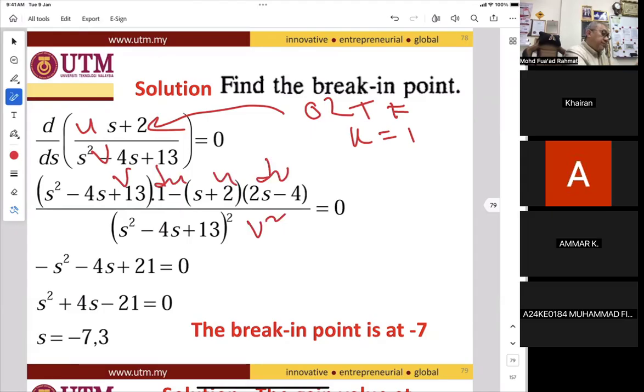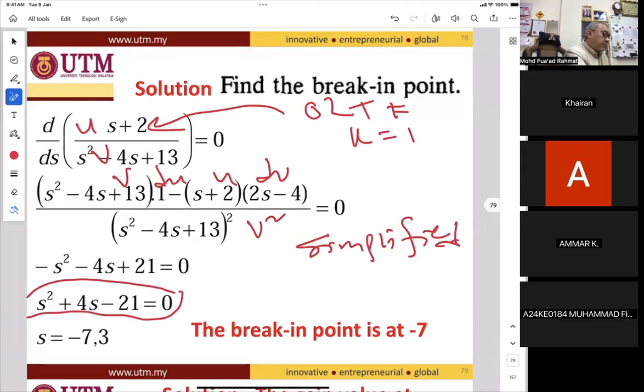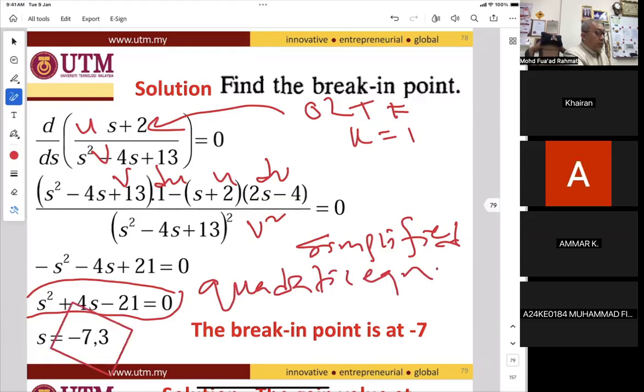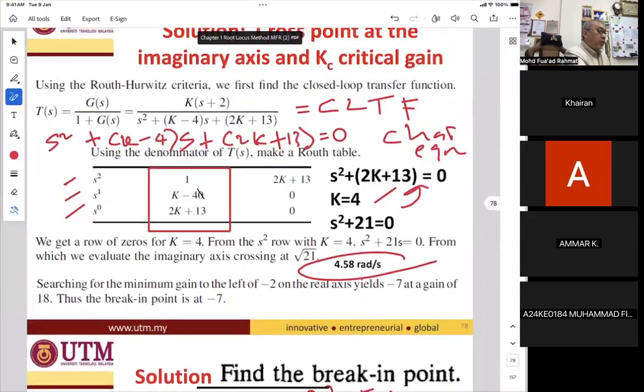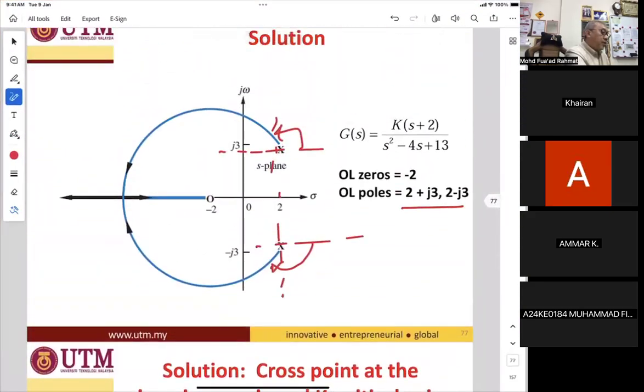Then simplified, so you get the quadratic equations. Then we have to choose either -7 or +3. So by looking at the plot, the location of the break-in point is at -7.